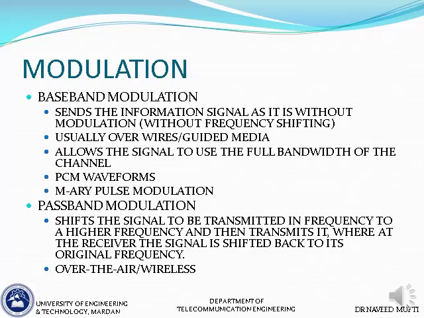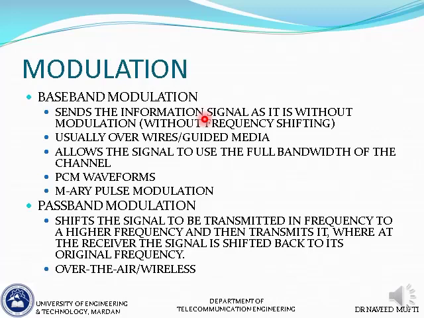So based on our definitions of baseband signal and passband signal, we then also have baseband modulation and passband modulation. Baseband modulation is when we send the information signal as it is without modulation, or we can say without frequency shifting. So even if there is modulation, the frequency range generally remains the same.